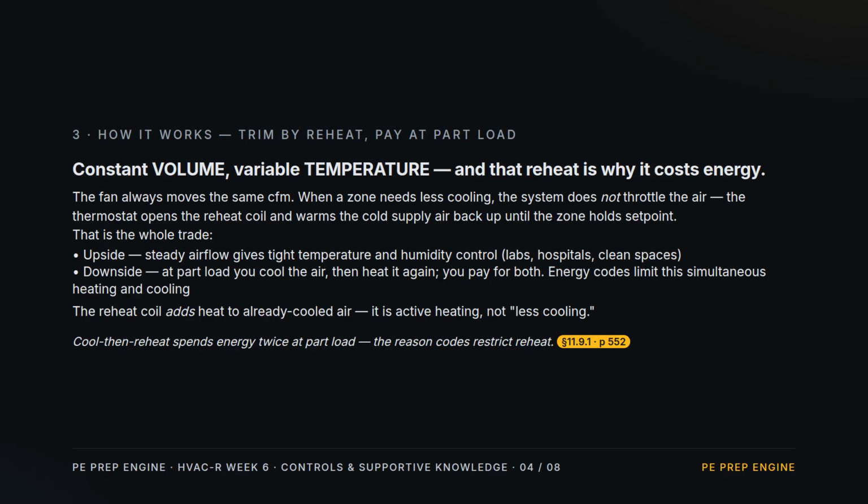The upside: steady airflow gives very tight temperature and humidity control, which is why you see it in labs, hospitals, and clean spaces. The downside: at part load you cool the air and then heat it again, paying for both, which is exactly why energy codes limit this simultaneous heating and cooling. And be clear, the reheat coil adds heat to already cooled air. It's active heating, not less cooling.